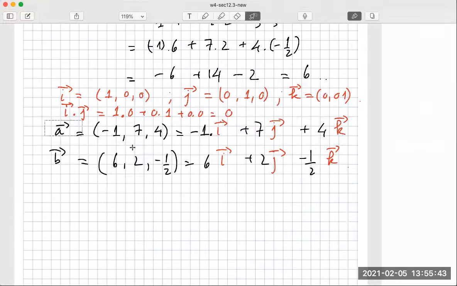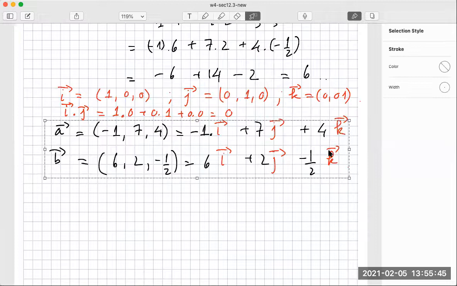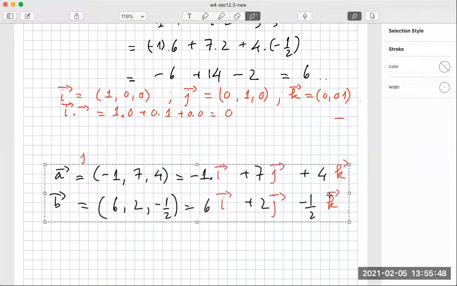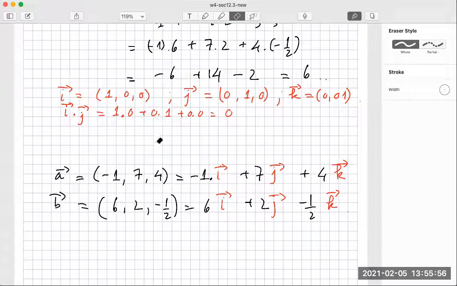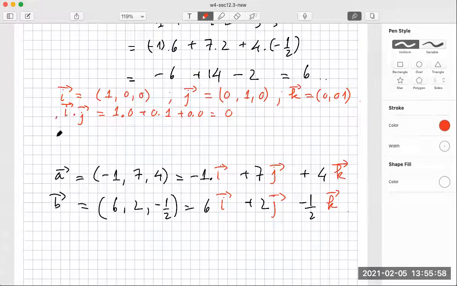So the three unit vectors cancel each other, or they are perpendicular. They're orthogonal. The same story: i dot k will be 0, and j dot k will be 0, right?